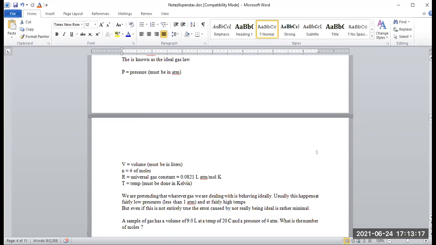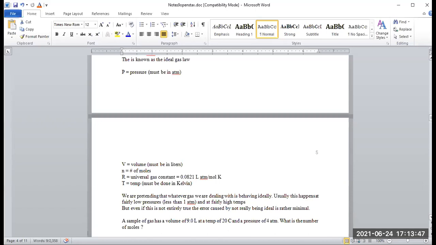And for the purposes of this semester, because we are using atmospheres as our pressure, the number value that goes with this is 0.0821. Look at the units though. You can think of this as the fudge factor, the magic hand-wavium factor that makes sure that everything else cancels out the way it's supposed to.